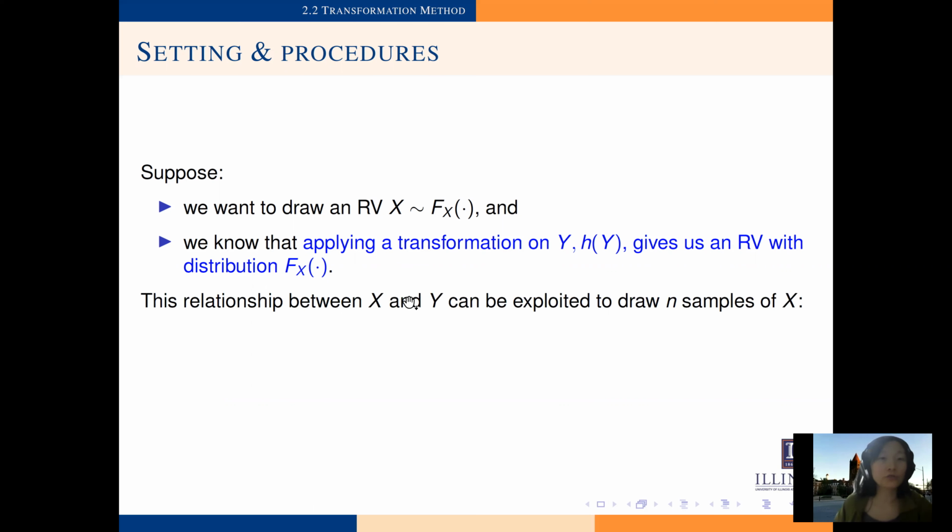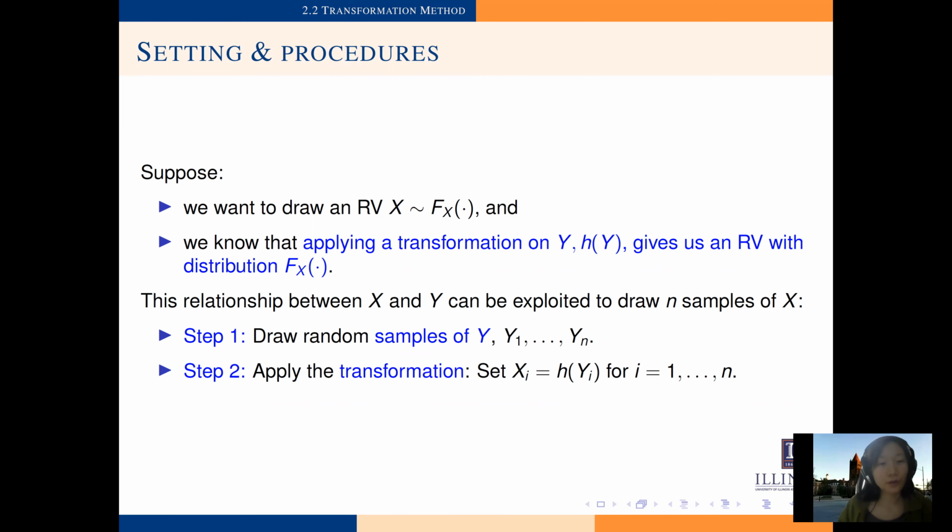Then, in order to draw random samples of x, we can exploit the relationship between x and y in our sampling procedures. Specifically, to draw n samples of x, we can do the following. Step 1, we draw random samples of y, y1 all the way up to yn.